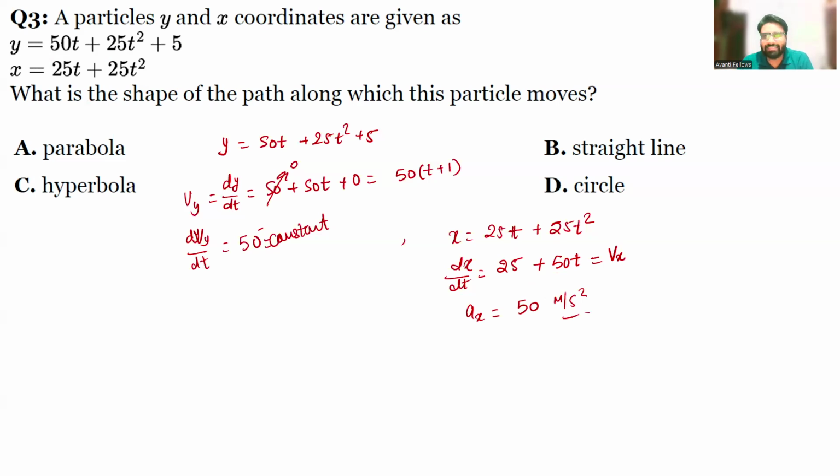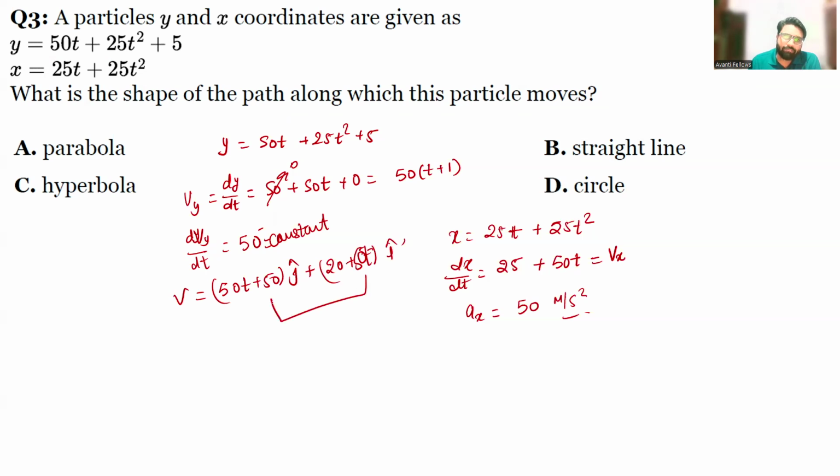So from here, we can easily say that acceleration is applied in both directions, x-axis and y-axis, but the acceleration is constant. And if you write the velocity expression, it is 50t plus 50 j cap plus 25 plus 50t into i cap.